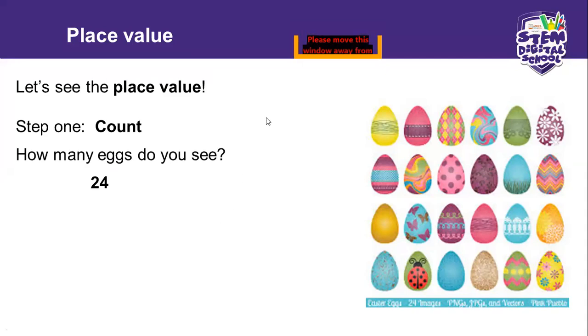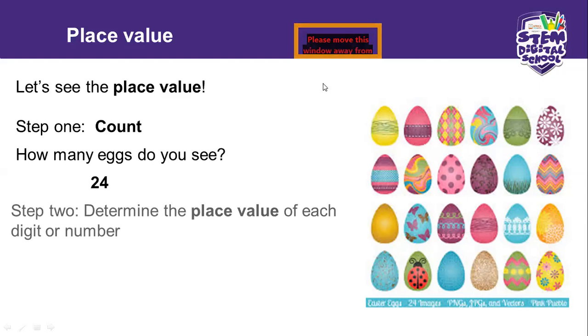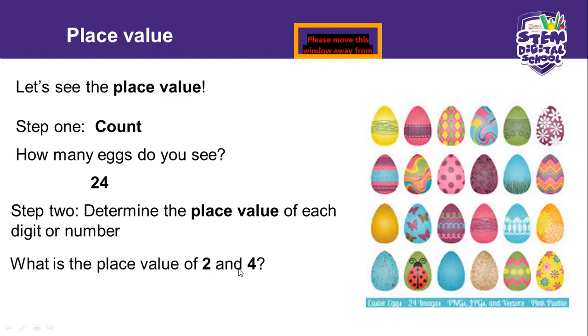I want you to look at this number. Boys and girls, I want you to listen. This is important. After we know how many eggs there are, we need to find out the place value of each digit. You see that 24 is made up of 2 and 4.